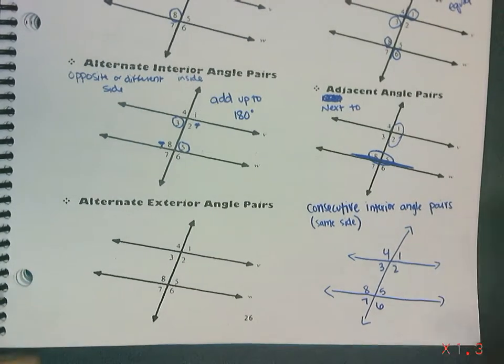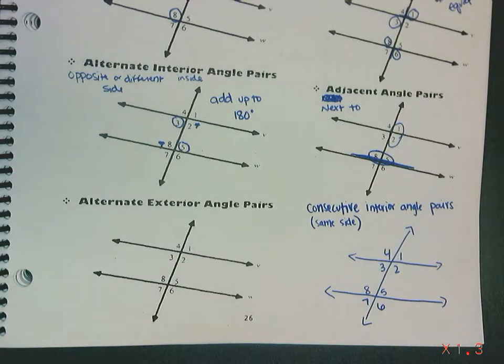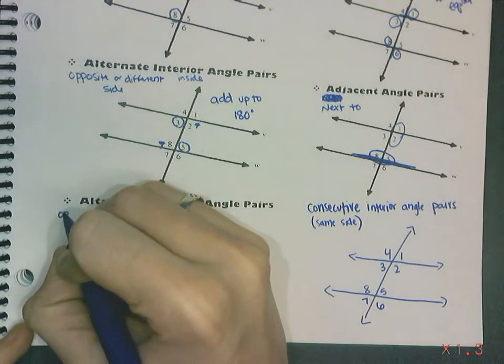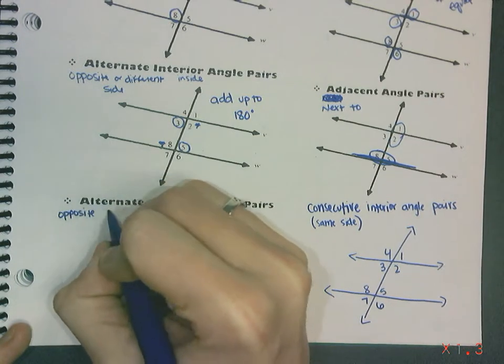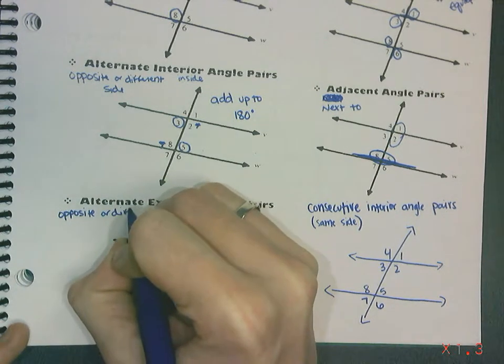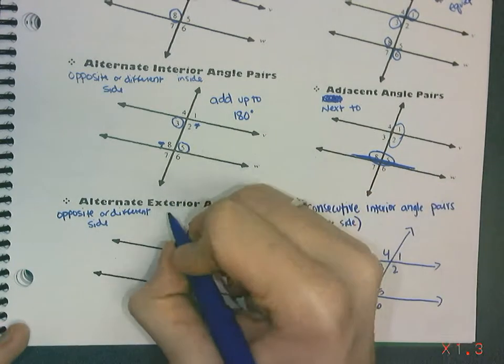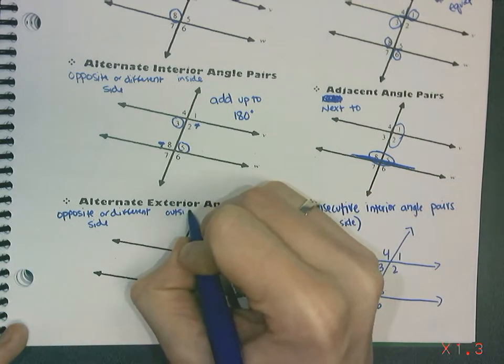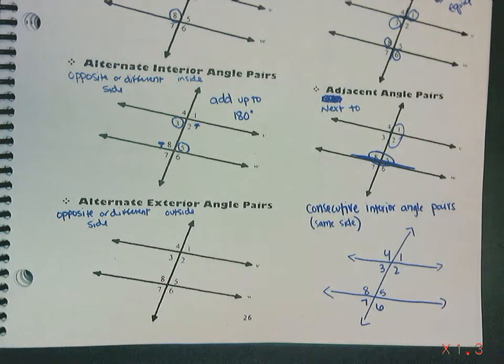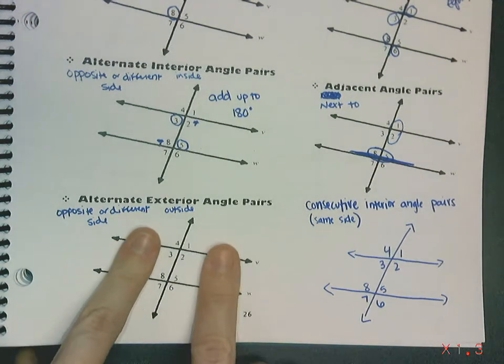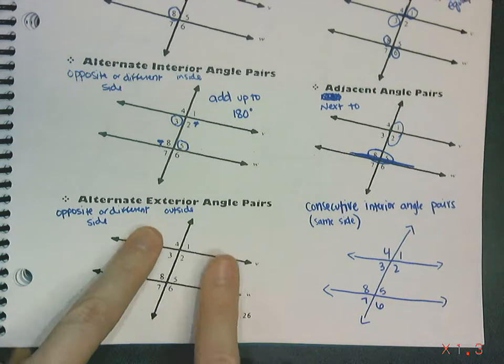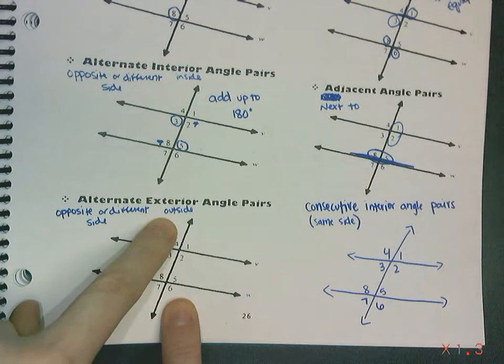Okay, then we have our alternate exterior angle pairs. Remember, alternate means opposite or different side. Exterior means outside. So we're going to be again on the opposite or different sides of the transversal. And then we have to be outside the parallel lines.